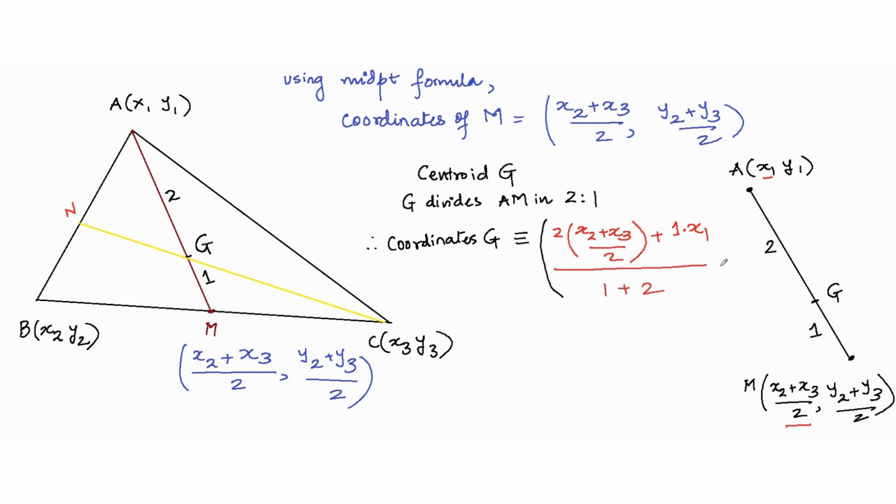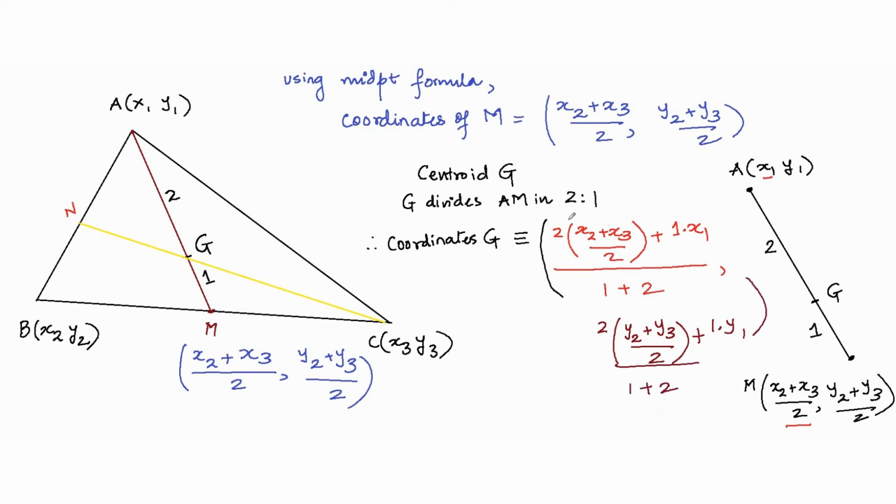This is the x coordinate of G, and now the y coordinate of G. To find the y coordinate of G, I cross multiply it with the y coordinate of M. So it becomes 2 multiplied by (y2 plus y3) by 2, plus 1 multiplied by y1, divided by 1 plus 2.